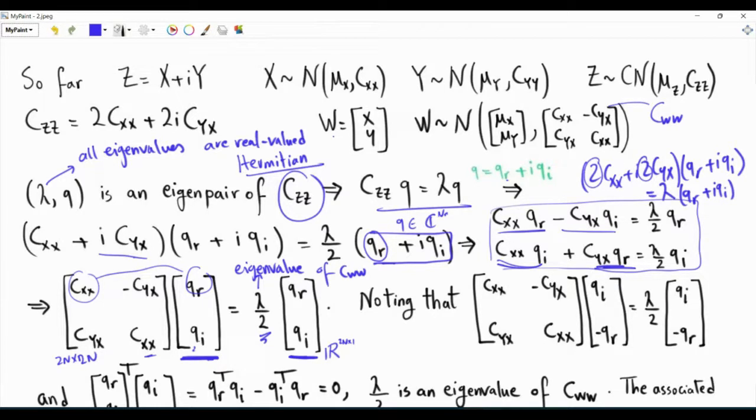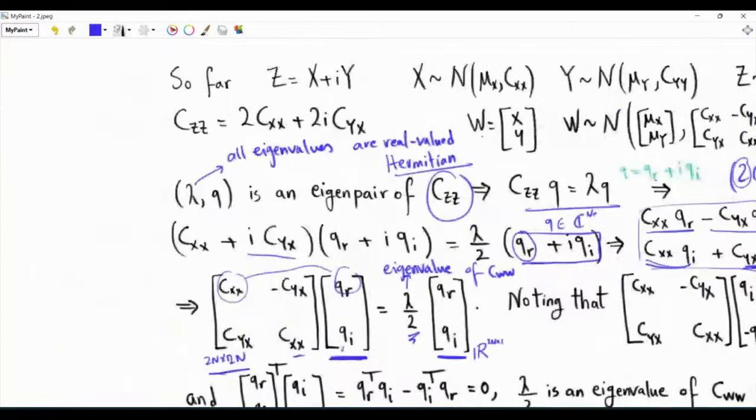From this, we can sort of make a guess. CZZ is an n by n matrix, so it has n eigenvalues. CWW is a 2n by 2n matrix, so it has 2n eigenvalues. So perhaps what is going on is that every eigenvalue of CZZ becomes repeated twice for CWW and divided by 2.